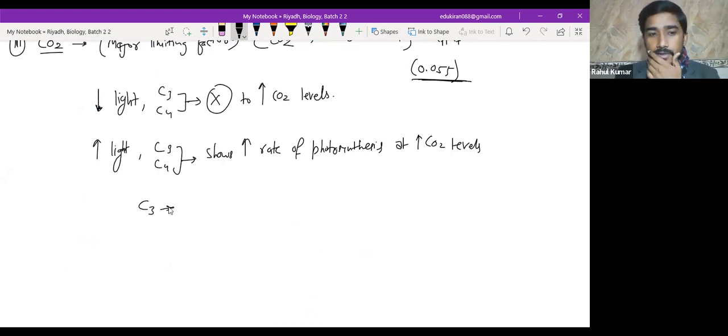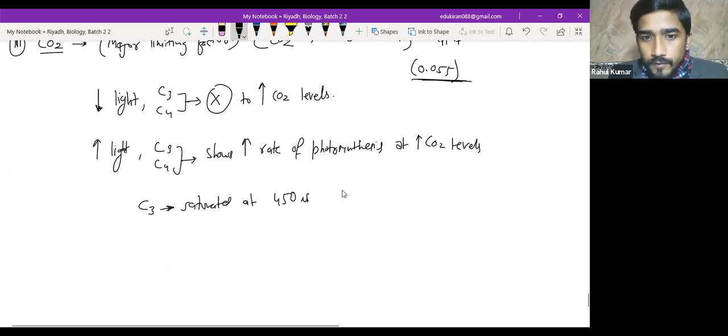And this rate is also different. Write down, C3 saturates at 450 microliter per liter of CO2 concentration.